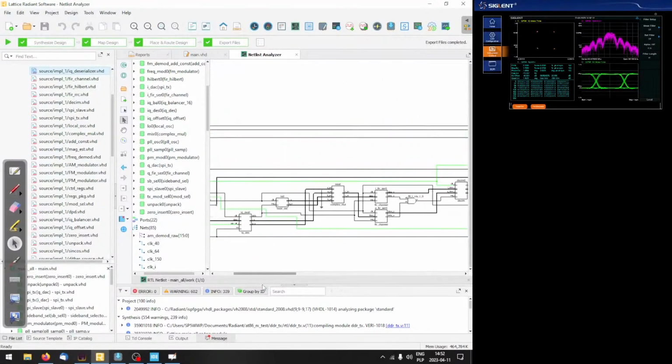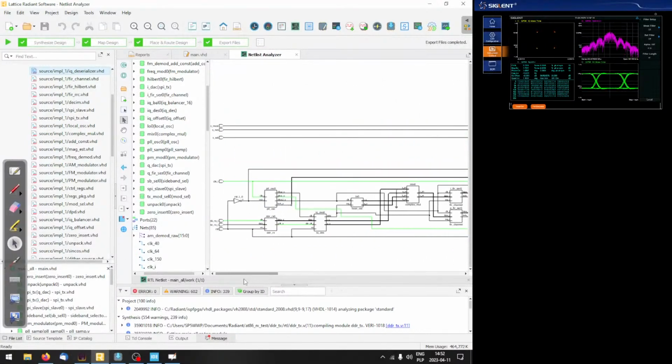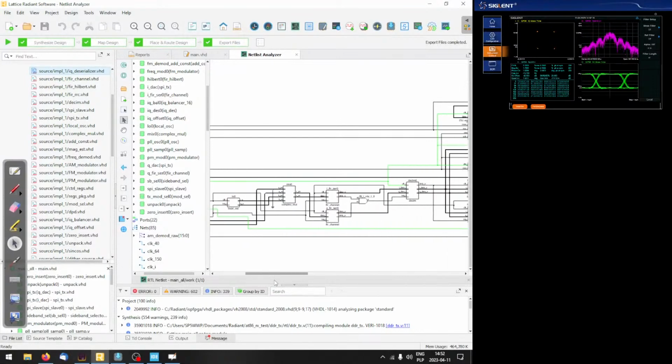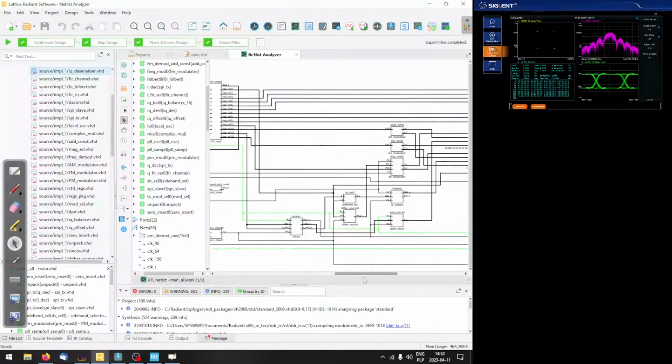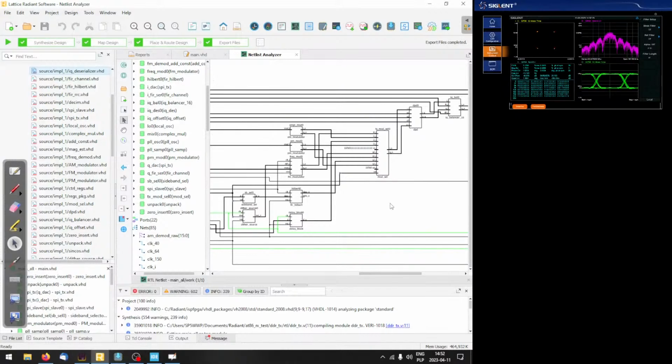So all those blocks are already available for download in VHDL, but the interconnections are not yet available. So you have to give us a few more weeks to finish this stuff. Yeah, so BPSK works, DQPSK, QPSK, sorry, works, and the bug is fixed.